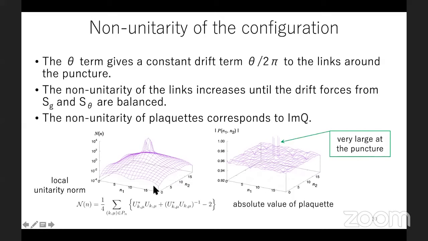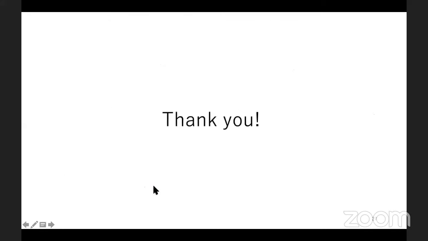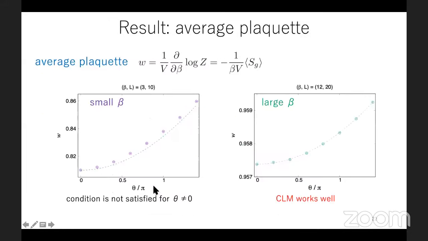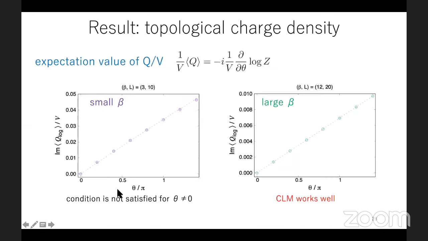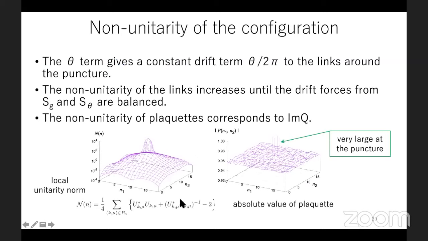In terms of the complex Langevin condition of correct convergence, even if we get a very large unitarity norm, this condition is basically okay. It's not affected by the unitarity norm because this unitarity norm is basically stable.